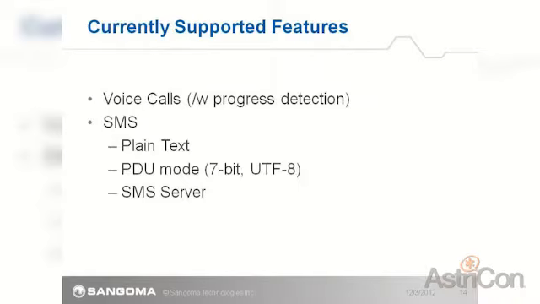We can do that with LibWAT as well. And also SMS. We can send SMS in either plain text or PDU mode, which is used to send special characters or Spanish characters. And the other cool feature was that SMS server architecture that I just went through in the previous slide.